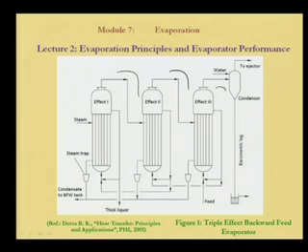What happened in this case is that in the last effect the temperature is less, because steam pressure is less, but in the first effect the steam temperature is high. In the backward direction, the concentration of the feed is also high in the last effect.